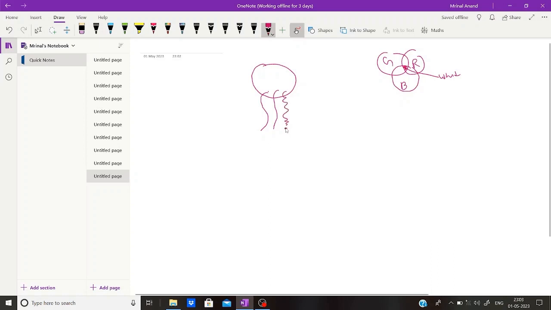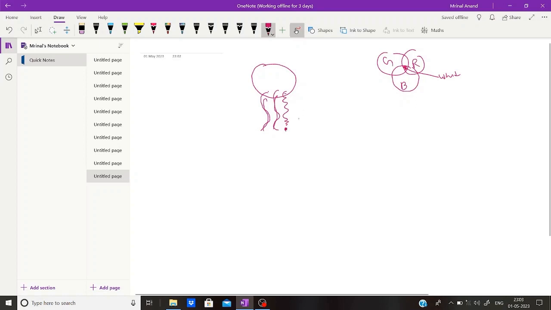Now we have this aerosol particle. Because green and red have the higher wavelength, the probability of their interaction with that minute particle will be very less. But this blue light, because of its high frequency and shorter wavelength, has a very high probability of interaction with that minute particle.